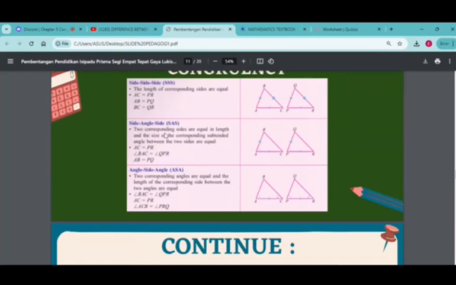Two corresponding sides are equal in length and the size of the corresponding angle between the two sides are equal. That means AC equal to PR, BAC equal to QPR, we call this the angle, and AB equal to PQ.